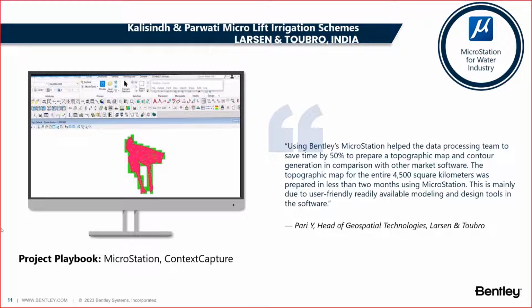In this project, they set out to irrigate 200,000 hectares of farmland by accessing water from the Indira Sagar reservoir. They recognized the limitations of traditional methods and photogrammetry software, and realized that they required full life cycle digitization to meet modeling and mapping demands.